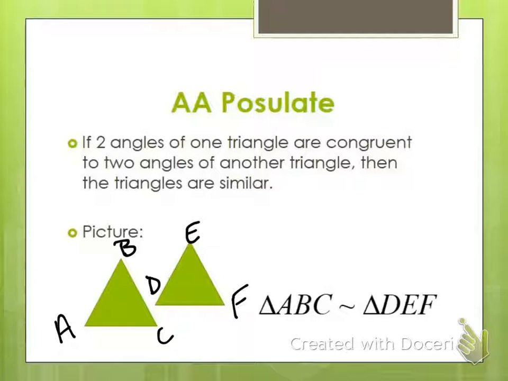For example, if we were to know that angles A and D were congruent, and we knew that angles C and F were congruent, that would be enough for us to know that triangle ABC is similar to triangle DEF.